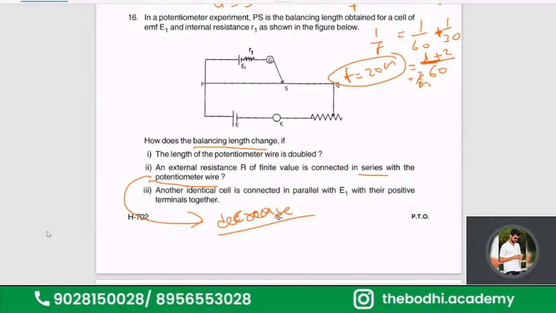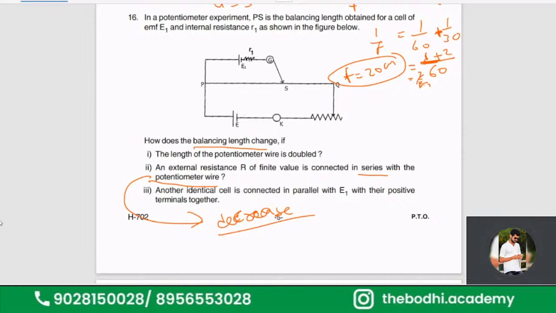This is because the total resistance in the circuit will increase, so the current is minimized. So what can you say about balancing length? It has to decrease, right? So it will definitely affect the balancing point.